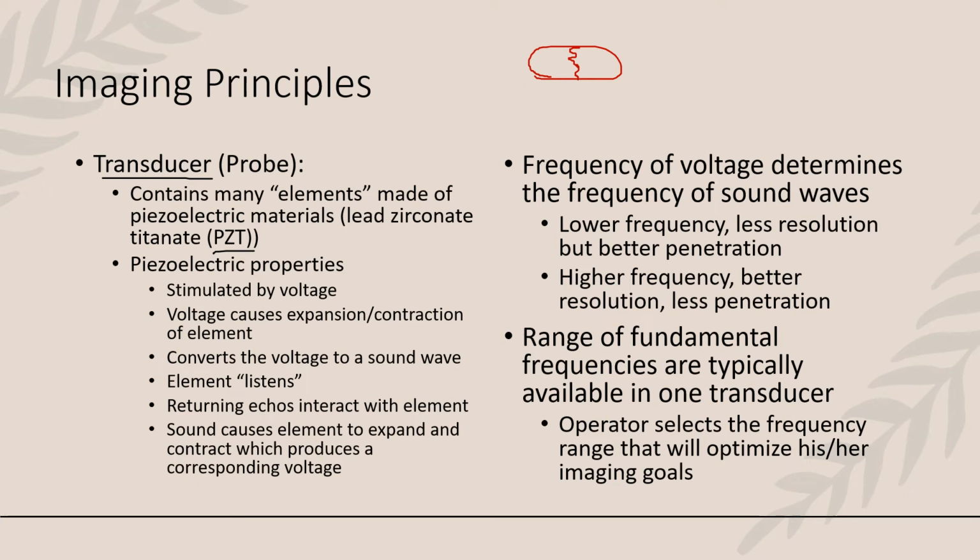On the other hand, if I have a rather large, beefy patient and I have my transducer on them, if I use a high frequency sound wave, it's going to get absorbed in that patient and I won't have anything returning as an echo from which to create my image. So the frequency that we're using in our transducers is going to be essential.